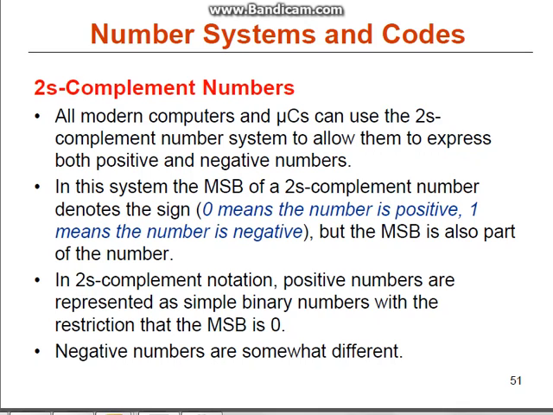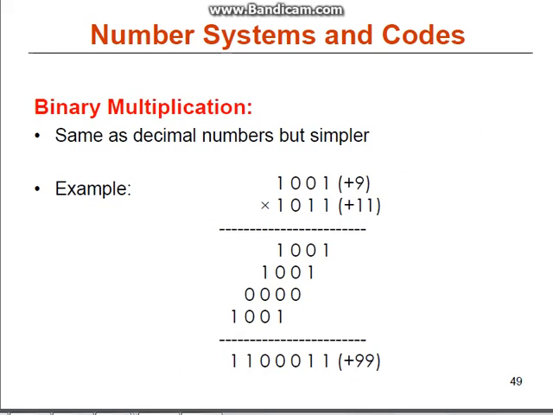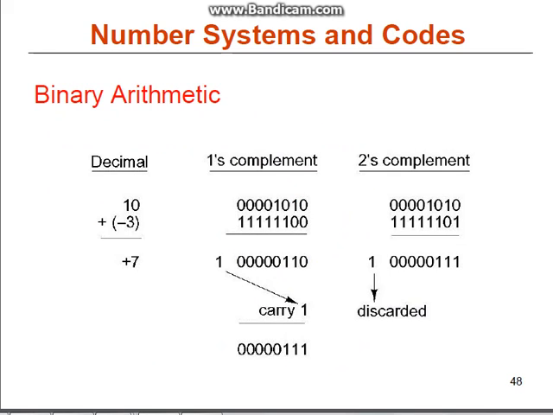An indication, though: the most significant bit literally means the leftmost bit. If it's a 0, it means our number is positive. If it's a 1, it means the number is negative. How so? I can show it to you in the previous slide, like you see over here.